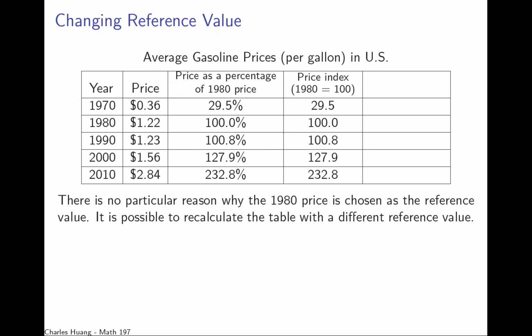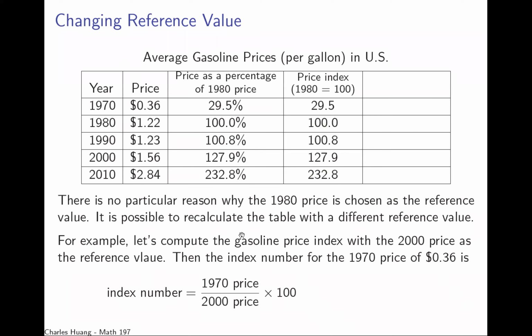Now, when we pick a particular value to be our reference value, that actually has no consequence at all. It doesn't really matter that I decided to pick 1980 as my reference value. I can pick something else. It doesn't matter which one I use as the reference value.